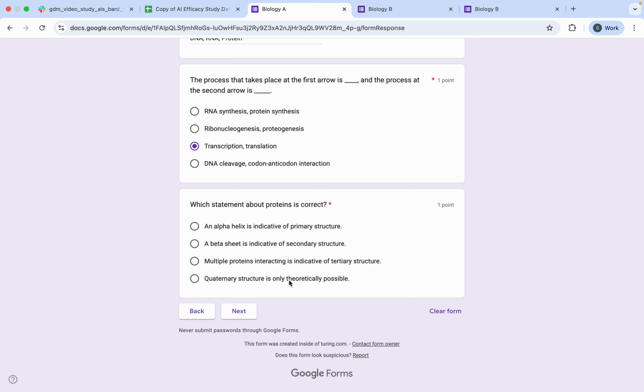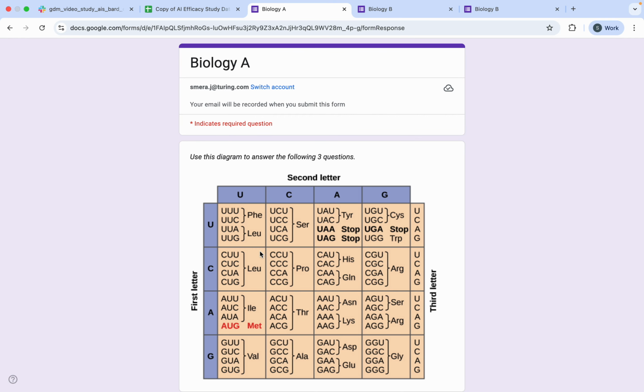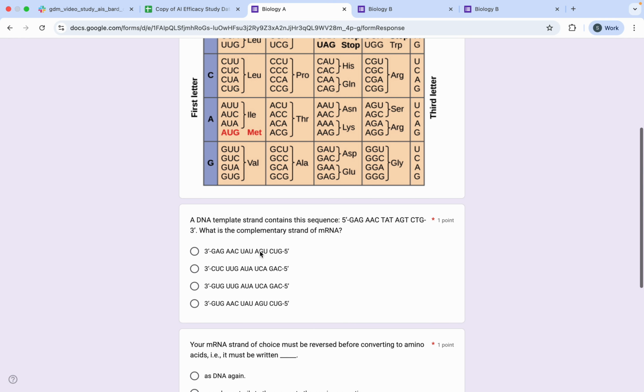Quaternary structure is only theoretically possible. So I think these three are wrong. So beta sheet is indicative of secondary structure is the only right one.